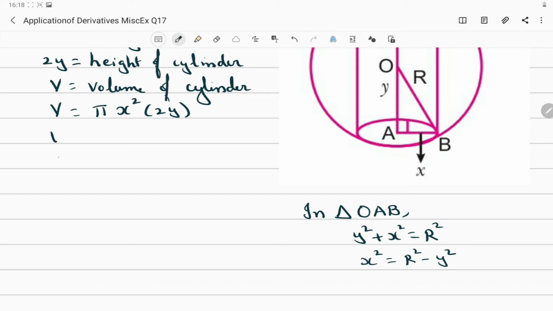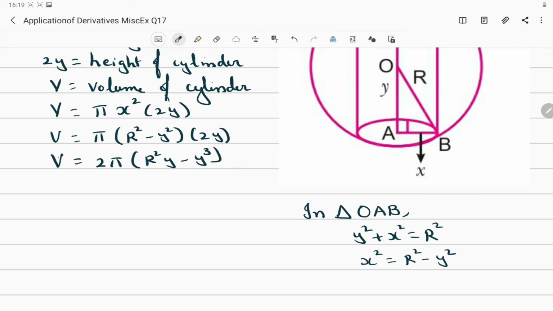So we write V equal to pi times, in place of x square we write R square minus y square, into 2y. So now we obtain the volume of the cylinder in terms of a single variable. Multiplying 2y inside the bracket, we get 2 pi times R square y minus y cube.